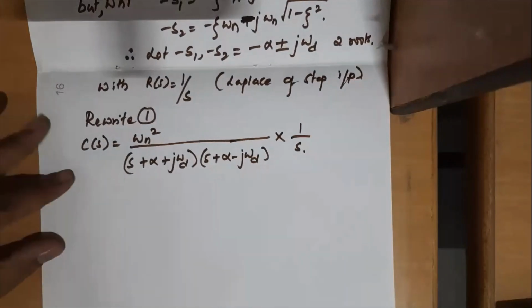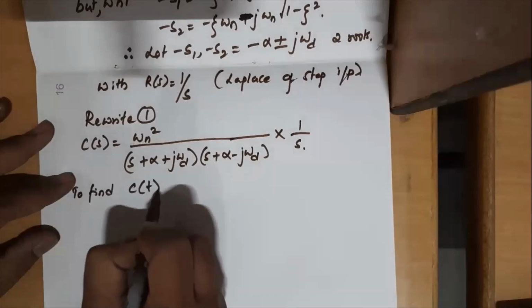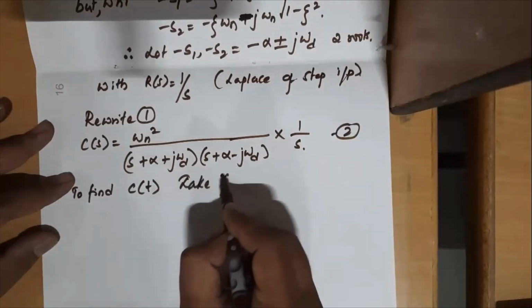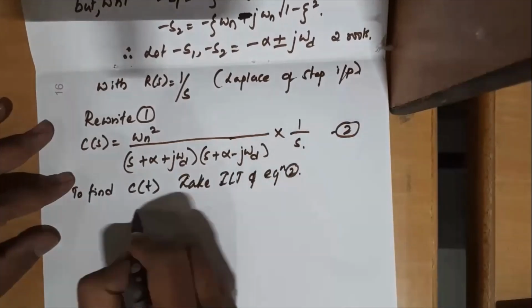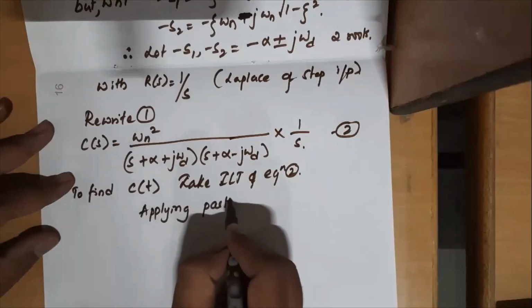Okay. So to find c of t, one has to take the inverse Laplace of equation 2. So directly apply partial fraction for this.